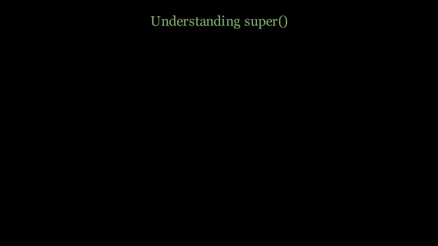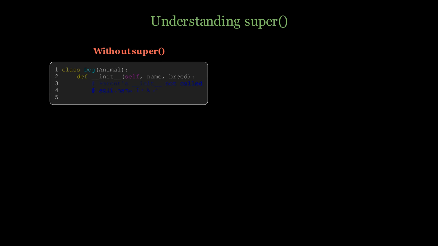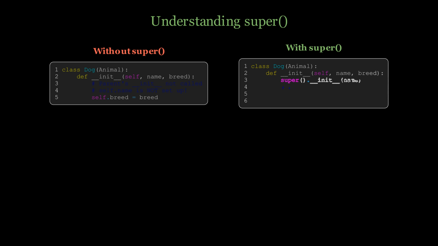The super function is crucial for inheritance. It gives you access to the parent class's methods without naming the parent explicitly. This is especially important in __init__ methods. Without super, the parent's __init__ is never called, so name is never set up. This causes errors.